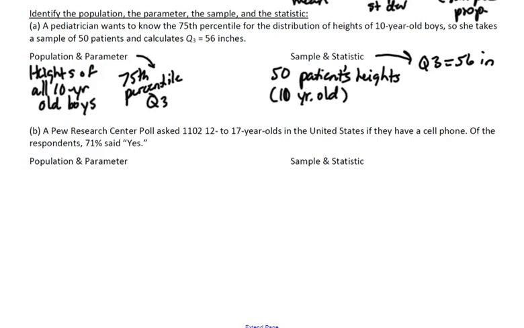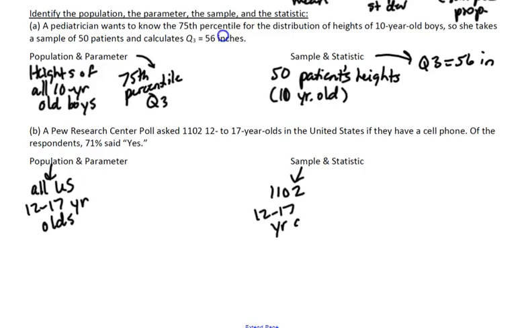In the next example, the Pew Research Center poll asked 1,102 12 to 17-year-olds in the United States if they have a cell phone. Of the respondents, 71% said yes. So the population is all U.S. 12 to 17-year-olds. The sample is the 1,102 12 to 17-year-olds that were in the survey.